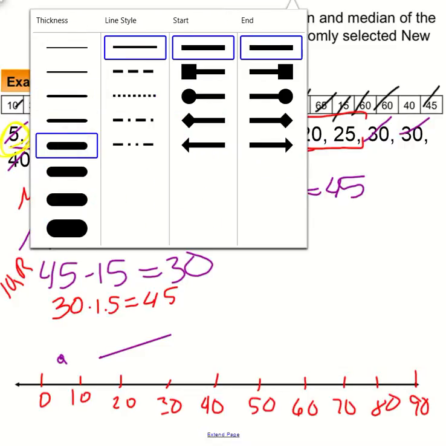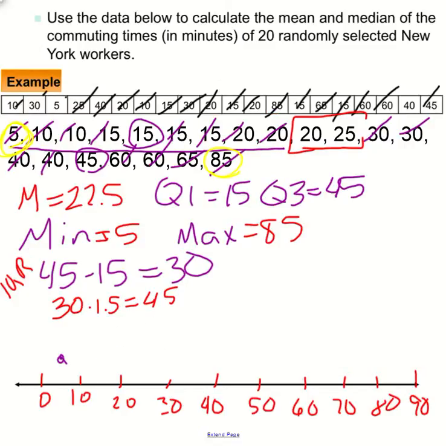Let's increase these lines a little bit. There we go. Our median is at 22.5, about right here. Our Q3 is up here at 45, and our maximum is way up here at 85.